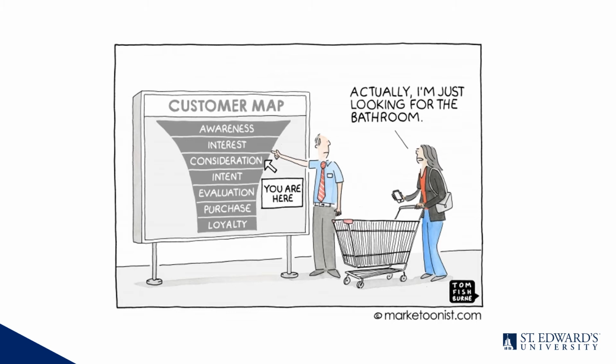That's just a funny way of looking at a customer not really interested in a product, they're just looking for the bathroom. That's just a funny cartoon I thought I'd throw in there. But at the end of the day, what you're doing from a customer journey perspective is taking them through that funnel, the customer map, being aware of your site, being aware of your products and services, and then going all the way down the funnel to conversion.